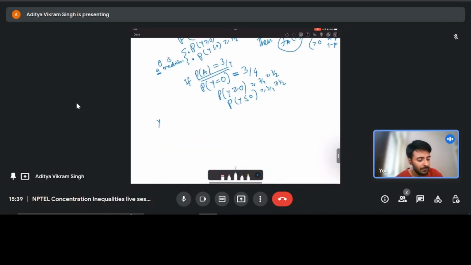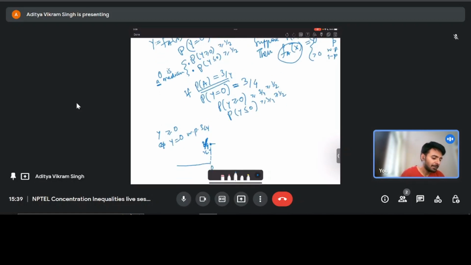So Y is greater than or equal to 0 always, and Y is equal to 0 with probability, say, 3/4. So if you draw the CDF, it's 0, 0, 0, and suddenly there is a jump at 0, and this is 3/4. So in terms of the CDF, where does it cross half? Half would be somewhere here. It crosses at 0, right? So 0 remains a median in that case.